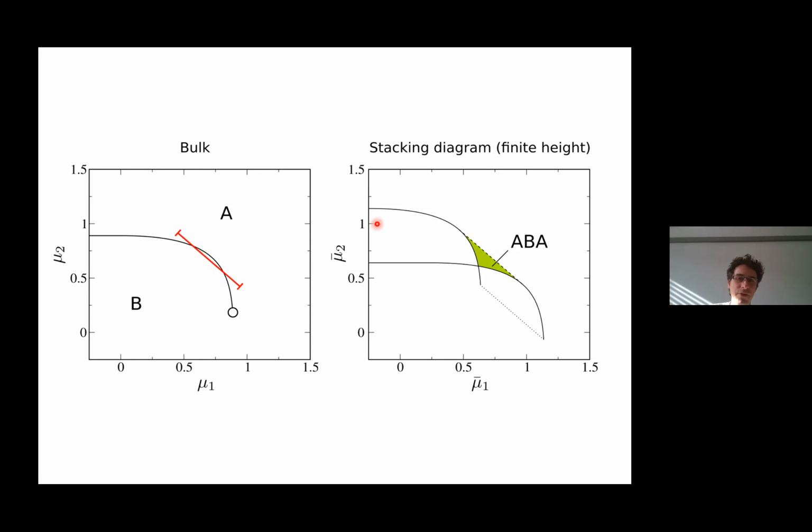Mathematically, if you have the stacking diagram in the plane of chemical potentials, you can do it, but experimentally you don't get this stacking diagram. Experimentally, if you do it properly, with the same height for all samples, you could get a stacking diagram in the plane of packing fractions.